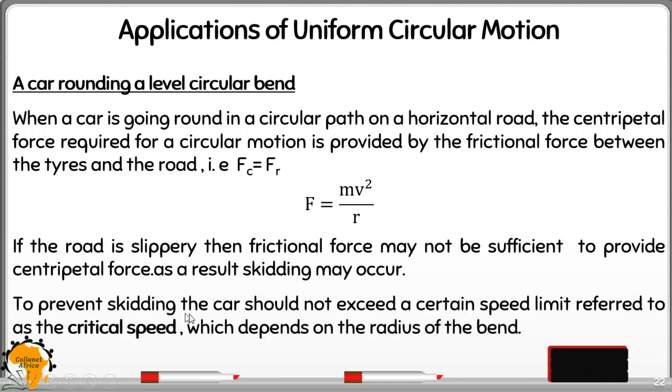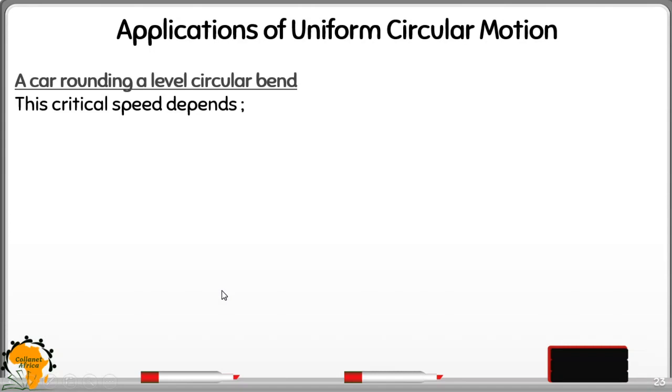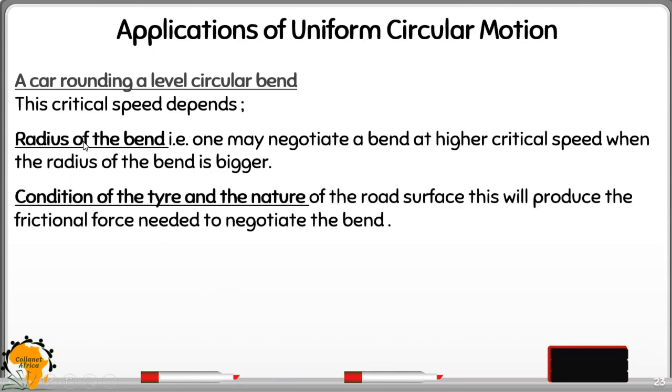Now, to prevent skidding, we ensure that the cars do not exceed a certain speed limit, and this speed limit is referred to as critical speed. This speed depends on two factors. One, we have the radius of the bend. One may negotiate a bend at a higher critical speed when the radius of the bend is bigger.